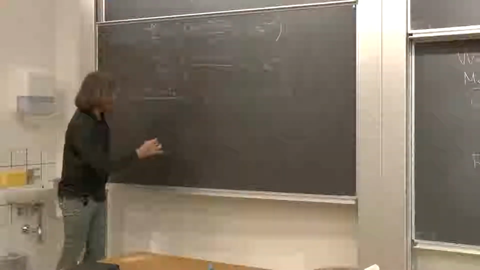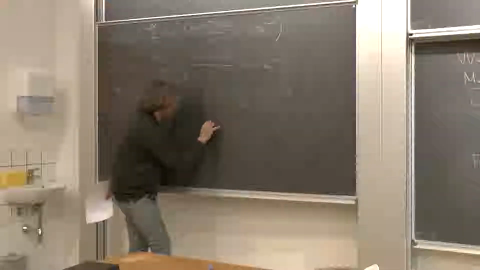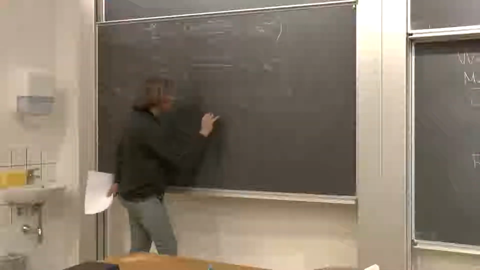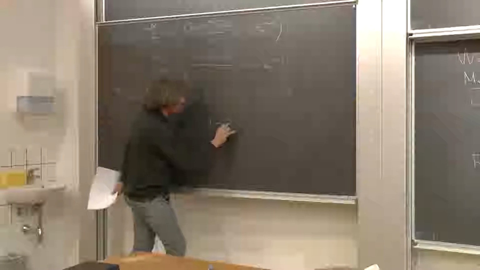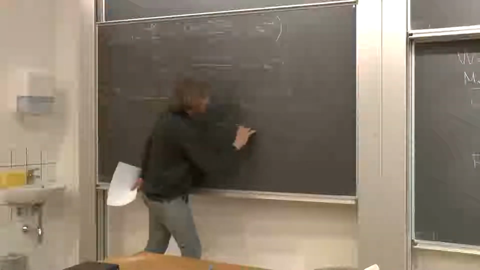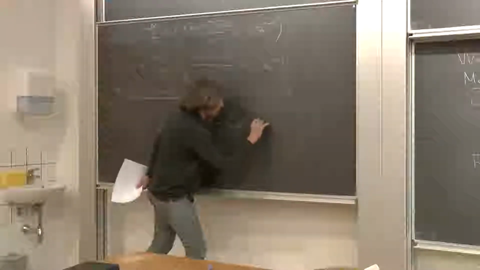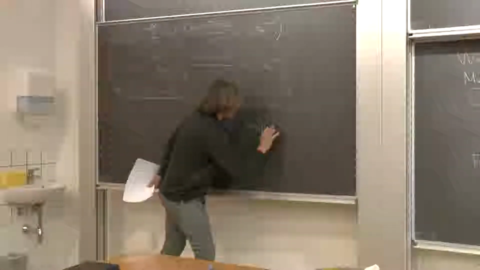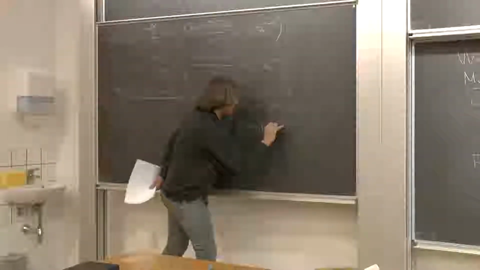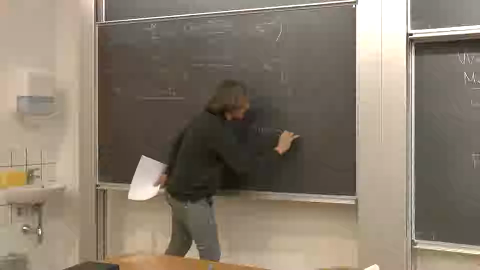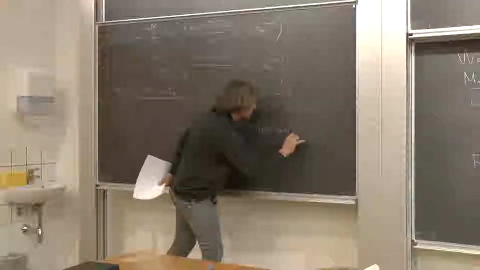I'll write it. For any expressions a and b, a to the n minus b to the n is a minus b times a to the n minus 1 plus a to the n minus 2 times b.